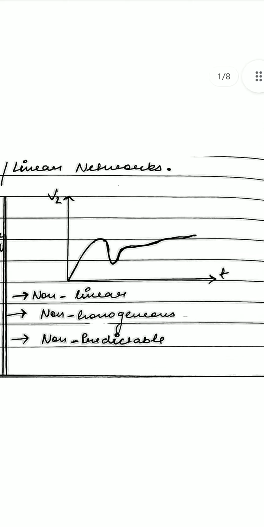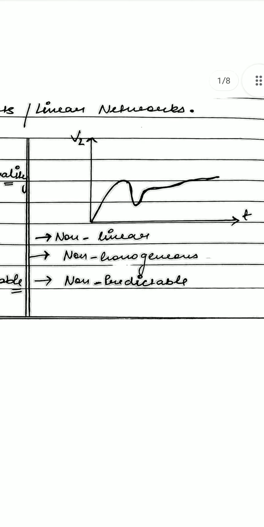But on the other hand, non-linear systems are basically non-homogeneous systems. They are non-predictable and their mathematical analysis is difficult. As you can see, at t equal to 1 second, we can say that voltage is 1 volt, but we can't determine the voltage at t equal to 2 seconds, 3 seconds or 4 seconds.